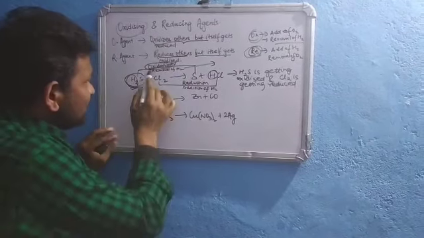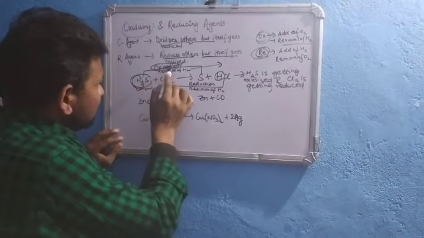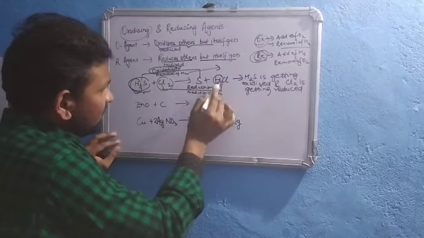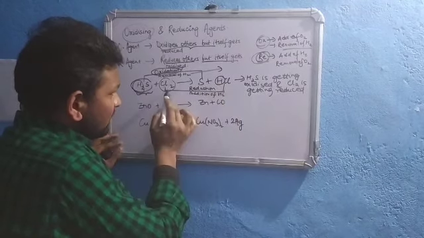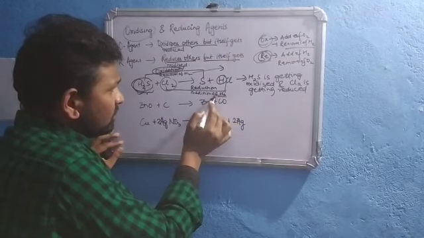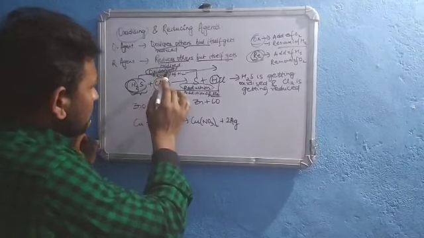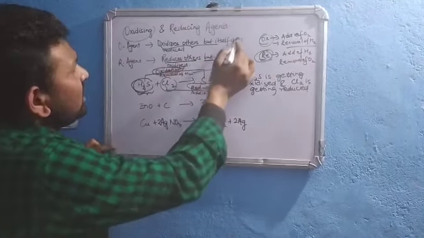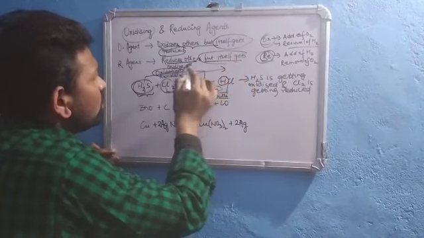Similarly, here chlorine has got reduced, right? Hydrogen has been removed here, and hydrogen has been added there. So this is reduction, and that is oxidation. So it itself gets reduced and it itself gets oxidized.